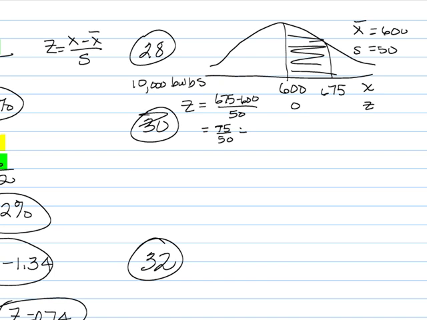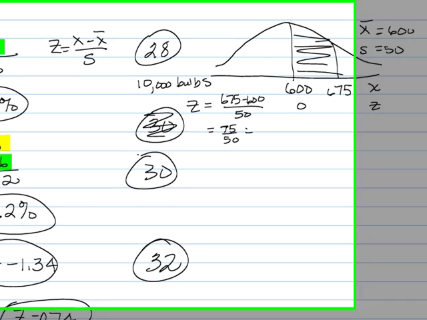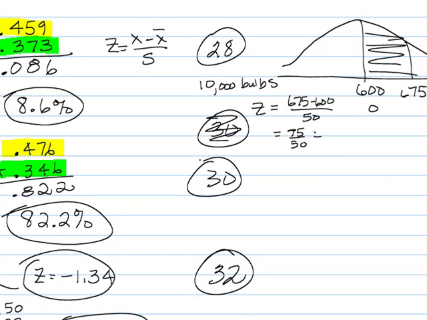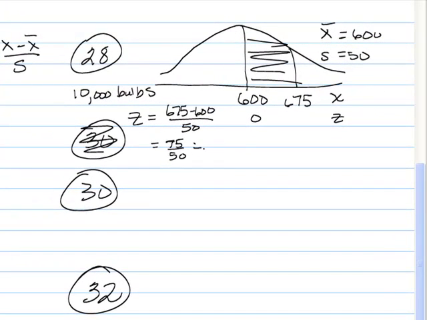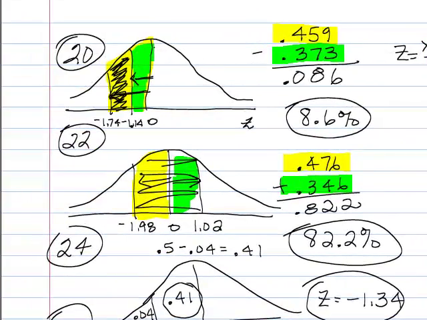I may have to move my 30 down a little bit. All right, so 75 divided by 50 is 1.50. So I just need to look up 1.50 on my table to get the correct area or proportion. 1.50 is 0.433.